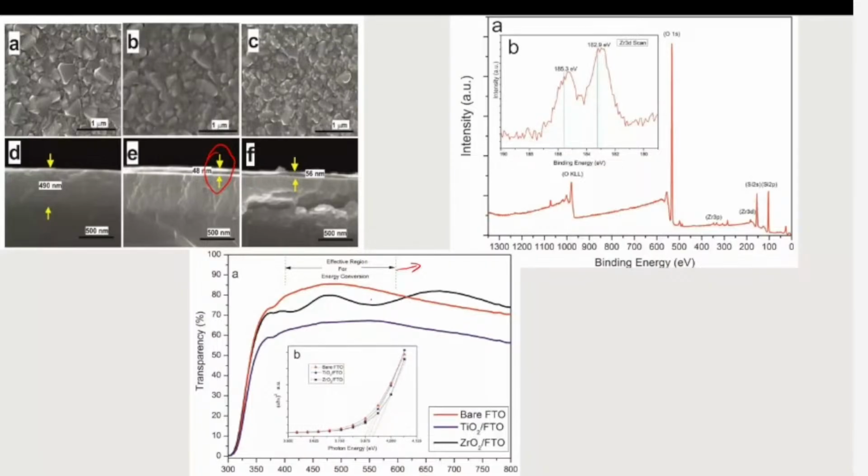We chose zirconium oxide as the scattering layer because of the structures we found in the literature, and we obtained the biggest zirconium particles, and we finally obtained a highly efficient solar cell. How is that?